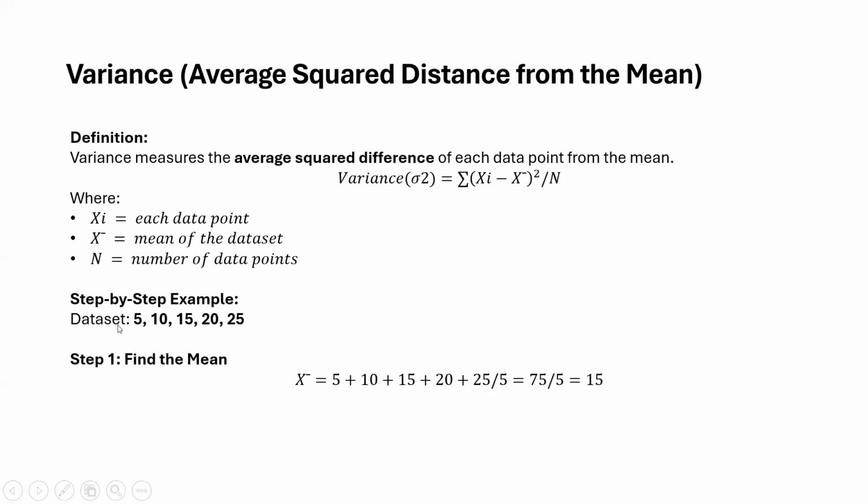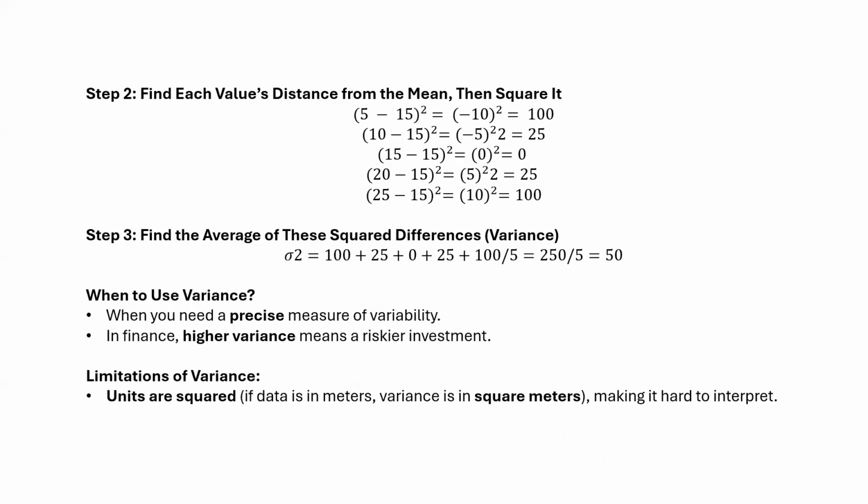Let's say we have these five values in our data set: 5, 10, 15, 20, and 25. Let's find the mean of this data set first. We all know how to calculate the mean, right? It's the sum of all the values divided by the total number of data points. For this data set, the mean is 15. Now we'll calculate the squared distance from the mean.